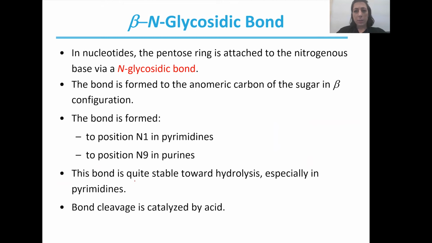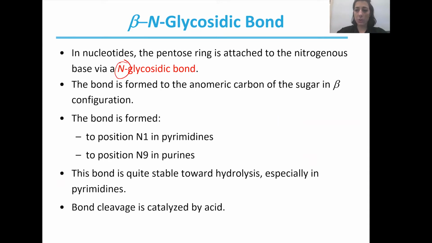Now let's talk a little bit more about that glycosidic bond that holds together the nitrogenous base onto the sugar itself. I briefly showed it to you, and I talked a little bit about the forms of it being a beta form, and I showed you where it attaches. This is an N-glycosidic bond.